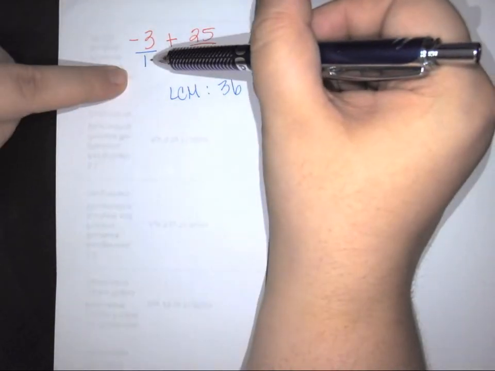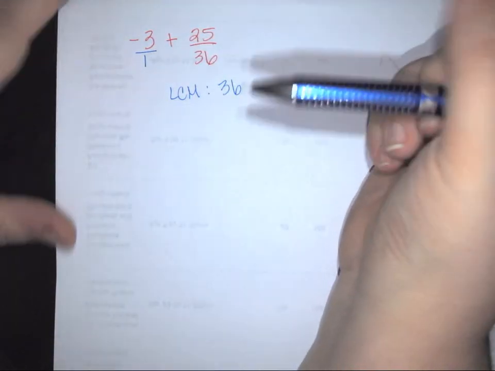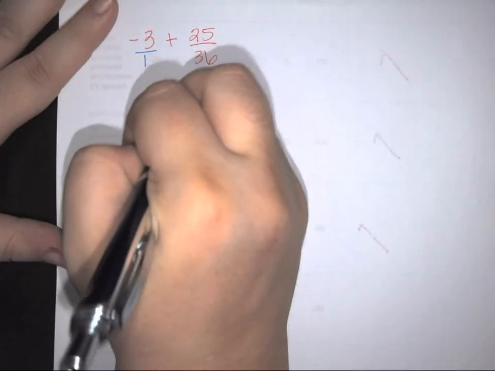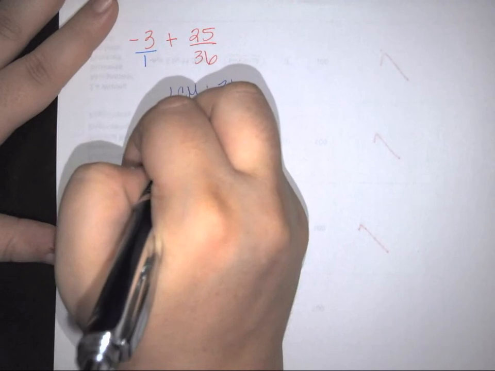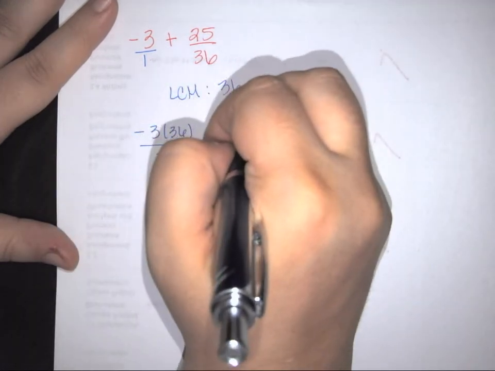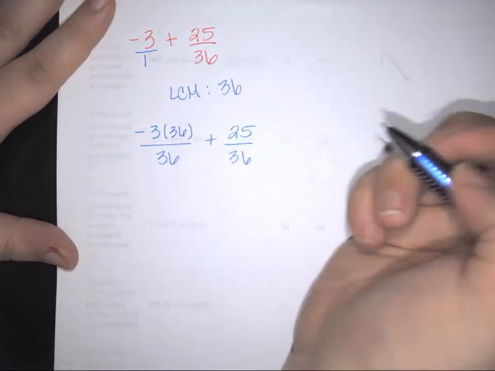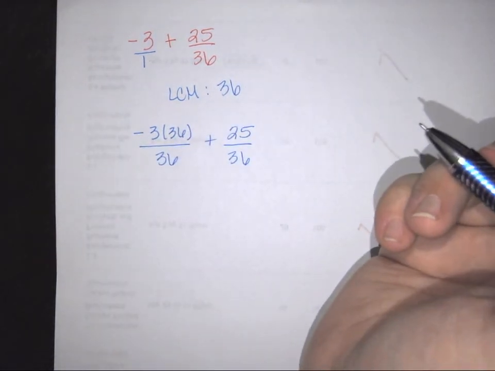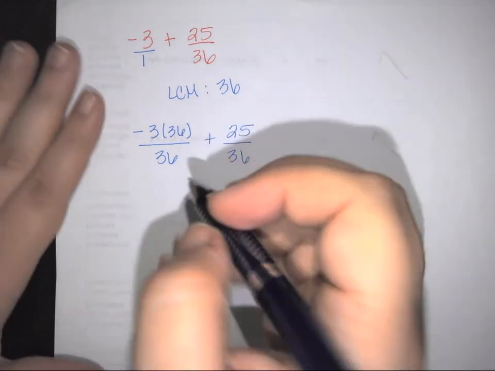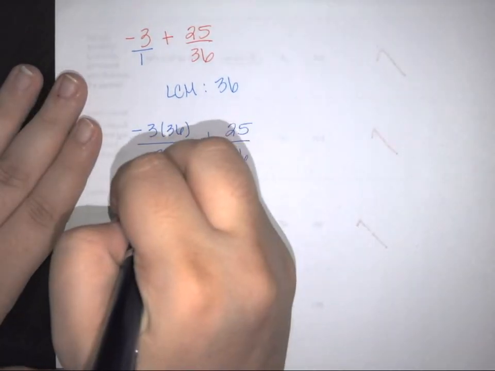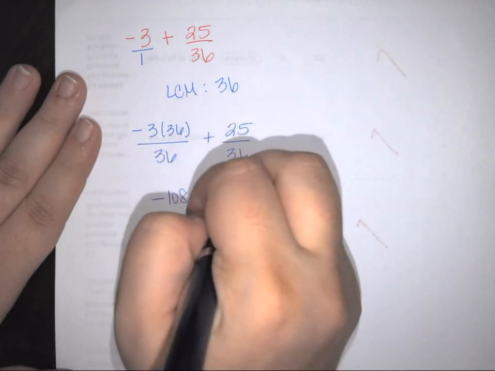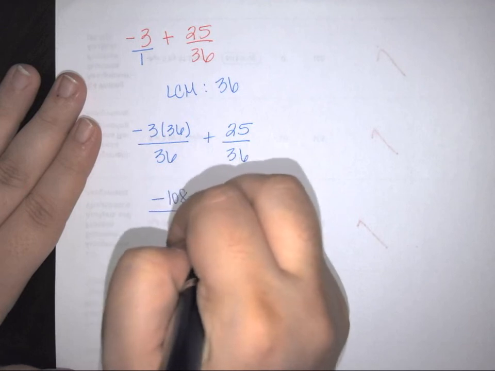So I have to look at how do I turn 1 into 36? Well, I multiply by 36. So this is going to be negative 3 times 36 all over 36 plus 25 over 36. Negative 3 times 36 is negative 108 plus my 25, and the whole thing is over 36.